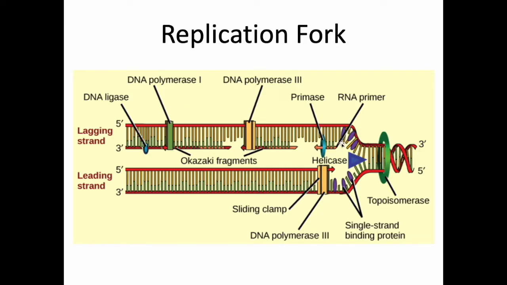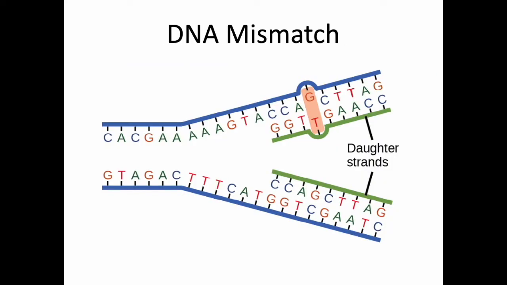I'm bringing up all this madness again just to point out that this entire process of replicating DNA and creating DNA that's complementary to the original DNA and the template here is not perfect. You can get mismatches. You can get mistakes during the process of DNA replication.